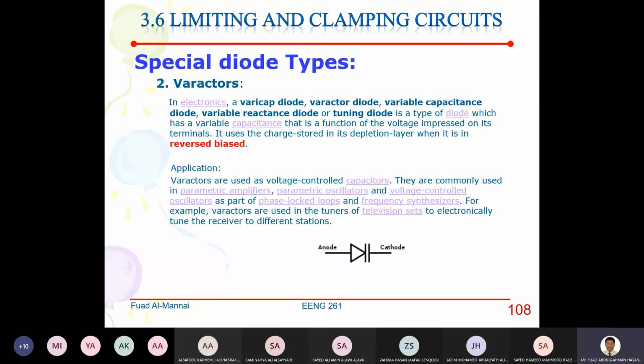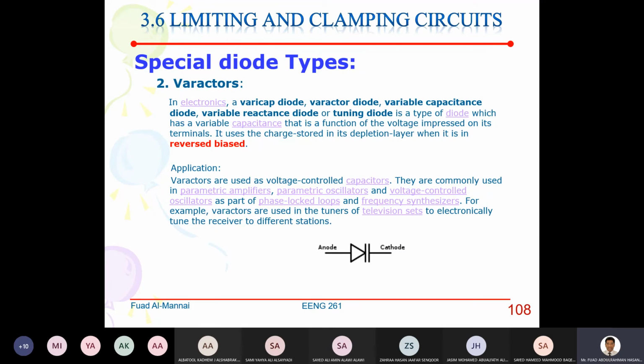The other diode in this case is called the varactor diode, or better known as the varicap diode, or variable capacitor diode, or variable reactance diode, or tuning diode.